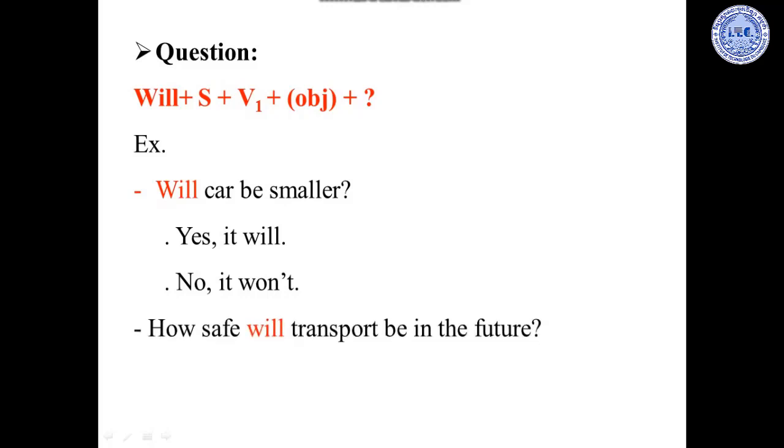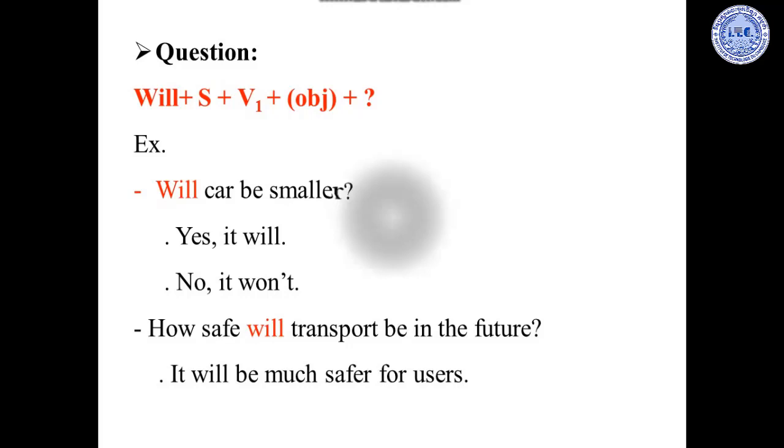And we can ask a question like how safe will transport be in the future? Transport here means transportation. How safe? We can say it will be much safer for users. So again, for questions we use will plus subject plus verb infinitive.